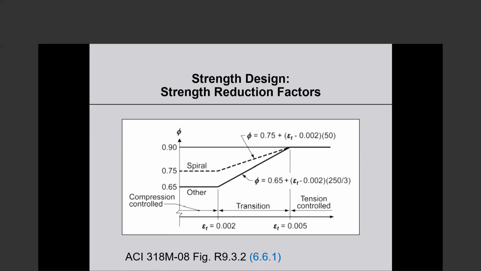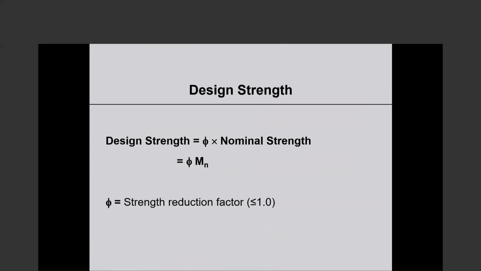Okay, yeah. Between 0.002 and 0.005 epsilon sub t values, we interpolate phi between either 0.65 or 0.75 and 0.9. We went over all of this yesterday. Okay, so we talked about nominal strength calculation.